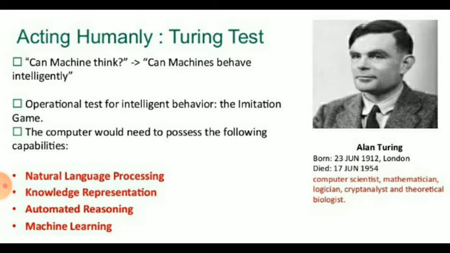Fourth is machine learning, to adapt to new circumstances and to detect and make new predictions by finding patterns. Next is computer vision, to perceive objects. And the last is robotics, to manipulate objects and to move about. That is regarding systems that act like humans, that is, acting humanly.